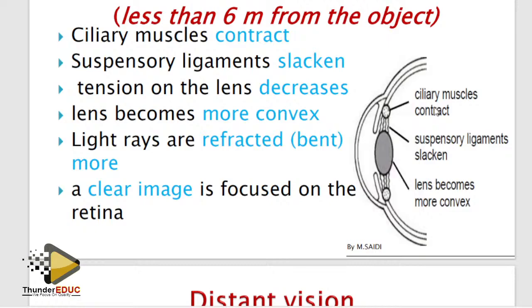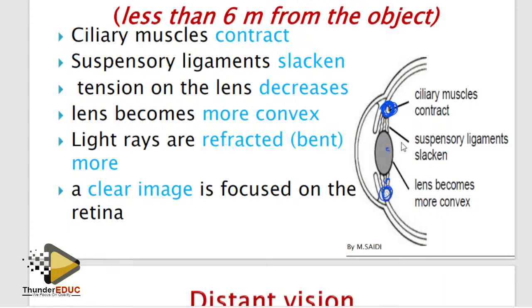When you're explaining, please don't talk about the pupil, the iris, circular muscles, radial muscles. Here, you only talk about the ciliary muscles, then the suspensory ligament, and then the lens.